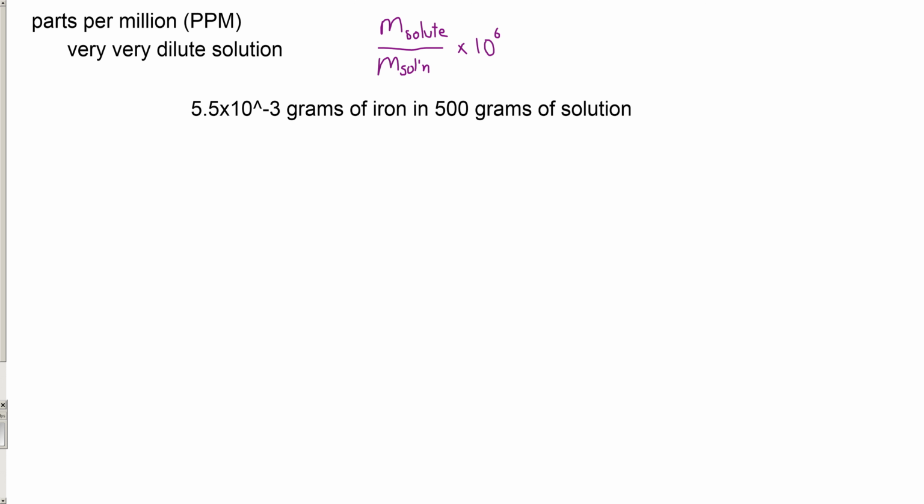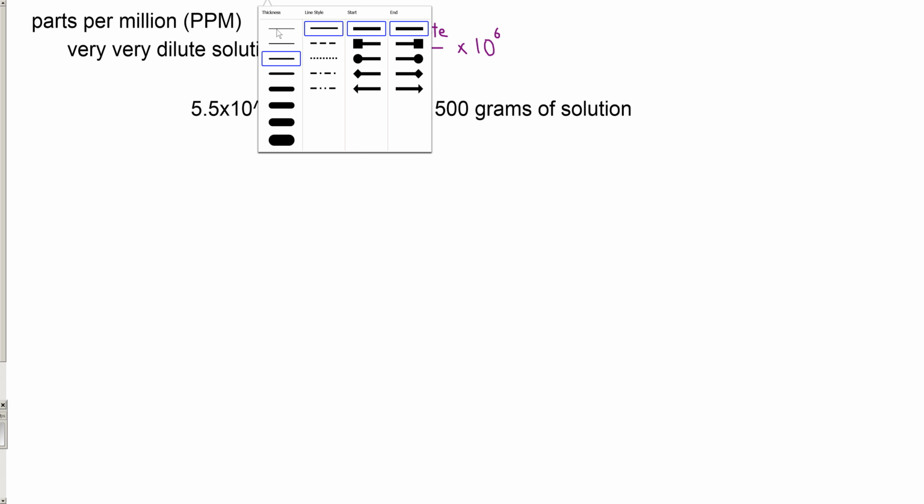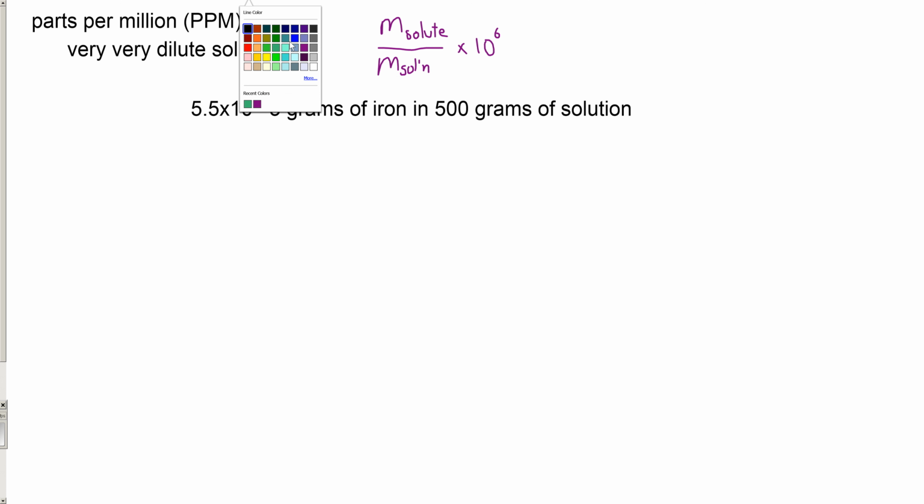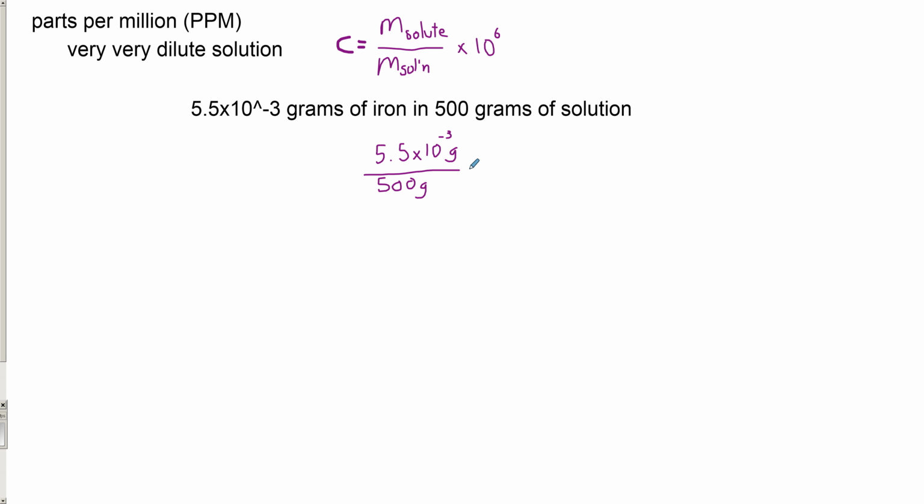So how would we calculate parts per million in this case? Again, it's very simple. I'll take my mass of solute, so 5.5 times 10 to the minus 3 grams divided by 500 grams, and then times a million, 10 to the power of 6.